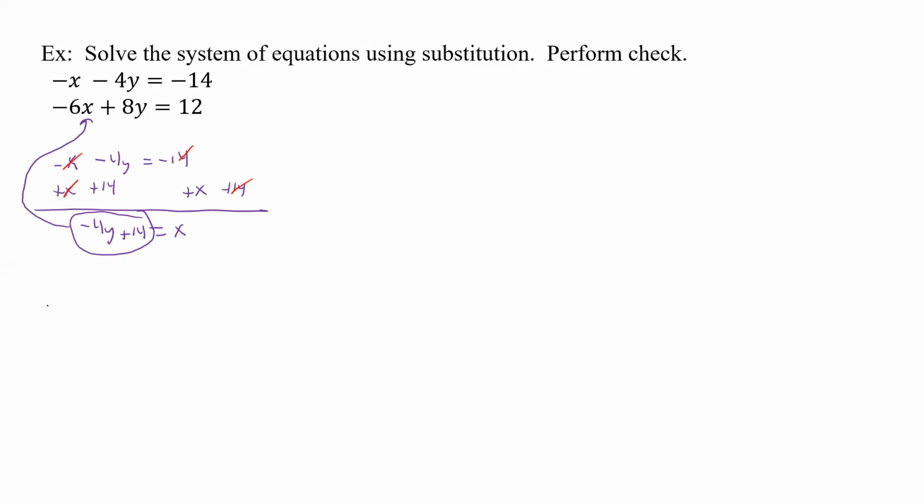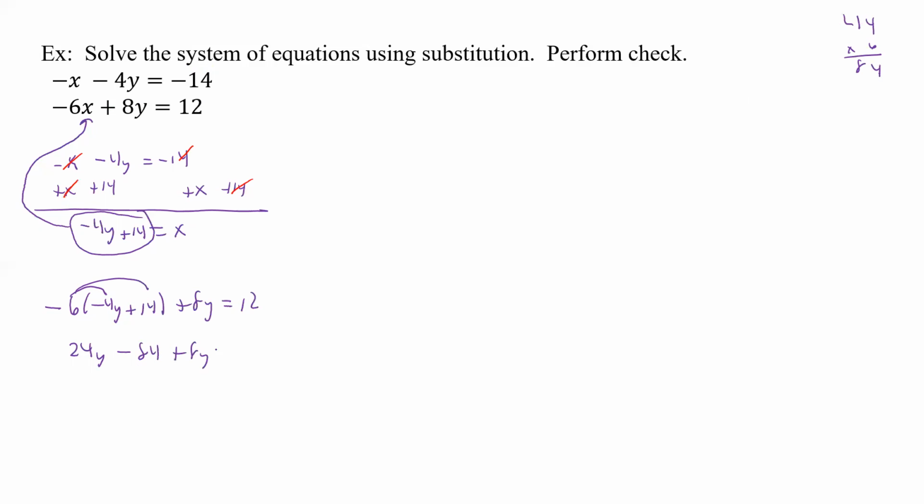And if we do that, we have negative 6 times negative 4y plus 14 plus 8y equals 12. Now we get to distribute. So negative times negative is positive 24y. And now negative times positive, that's negative, and we have 14 times 6, that's 84.